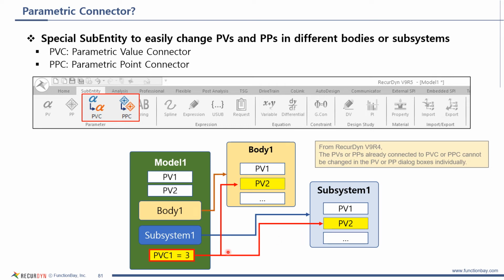Set the value of PVC1 to 3. This will change both PV2 in Body 2 connected to PVC1 and PV2 in Subsystem 1 to 3. Please note that PV or PP connected to PVC or PPC cannot be changed in the PV or PP dialog box. I will introduce how to use PVC with a demo video.